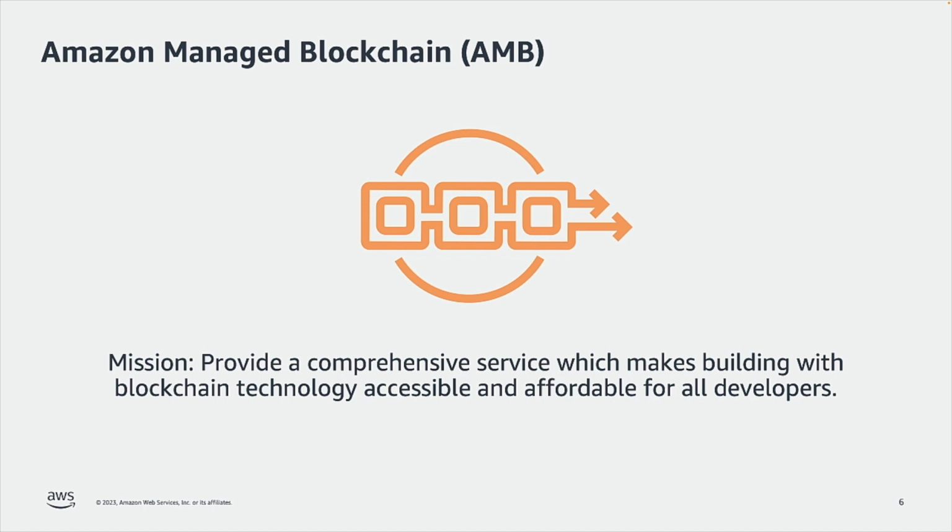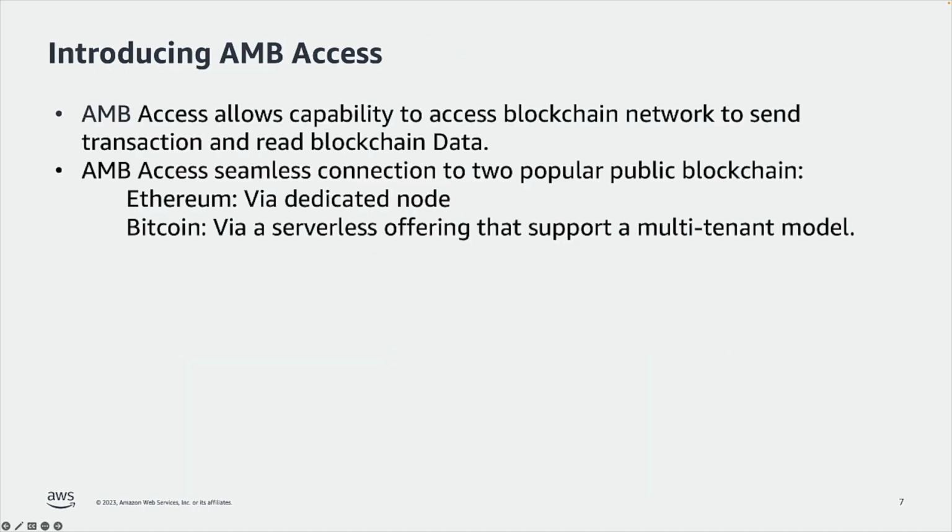Amazon Managed Blockchain is a fully managed blockchain service which allows customers to build on blockchain with reliable and scalable APIs and without any specialized infrastructure. AMB currently supports multiple blockchains, including Bitcoin and Ethereum, the two blockchain networks that traditional financial institutions are very keen to start with.